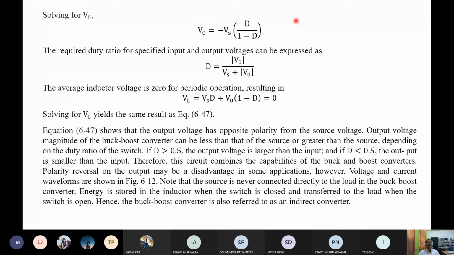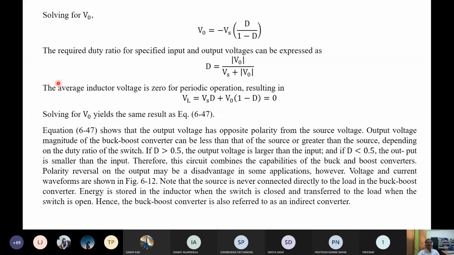Okay, and you can step up or step down the voltage. You read this statement. Now see, from here you can derive for D. D cannot be negative, so the magnitude is taken.